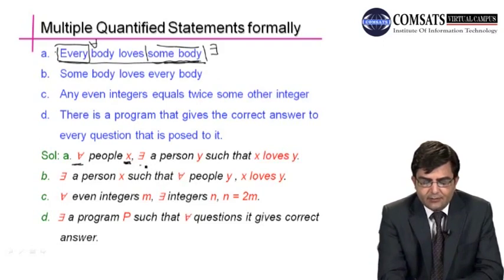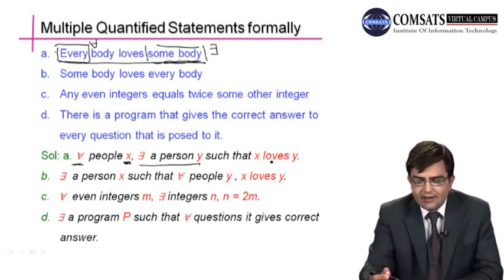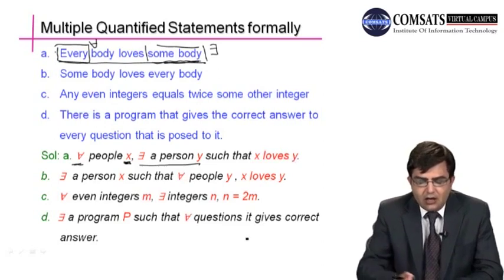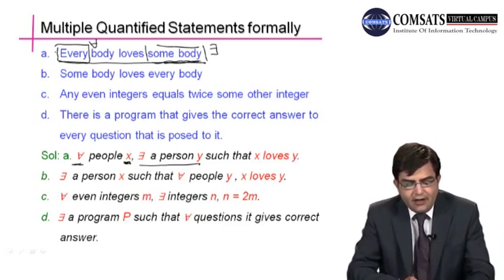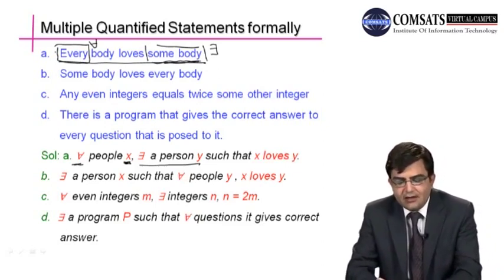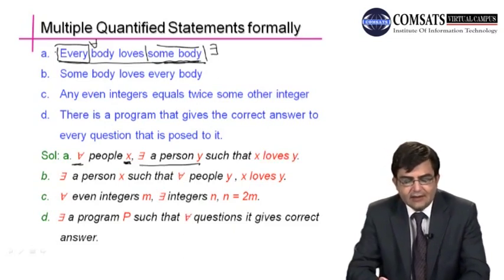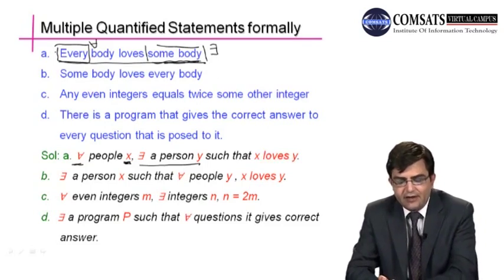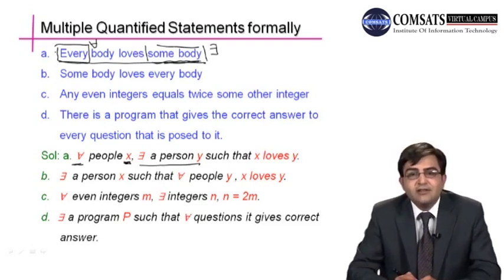There exists a person y, and there exists means somebody, such that x loves y. So for every person x there exists some person y such that x loves y. That means every x loves some y. So we have translated the informal statement into a formal logical expression.